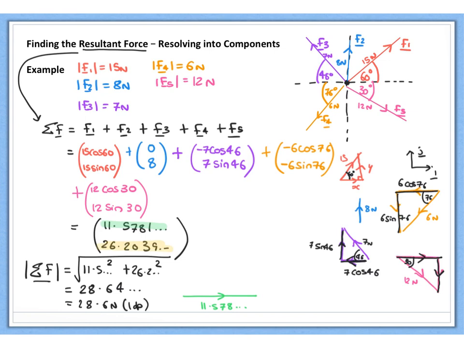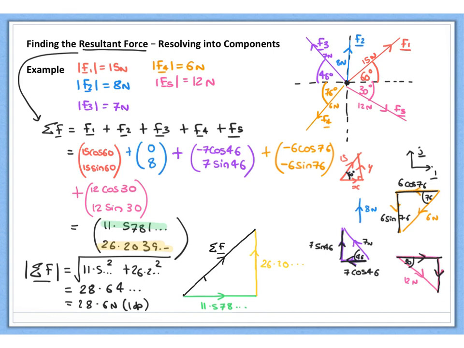So that means it's got an upwards component like that. And we can draw in the resultant force like that, which of course is sigma F. So really interesting to see that when you add together those 5 forces and look at the overall effect of them, you get a force in this direction.